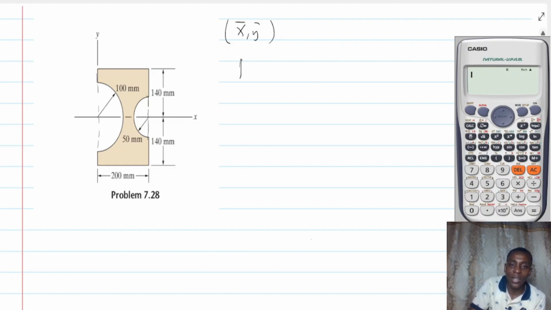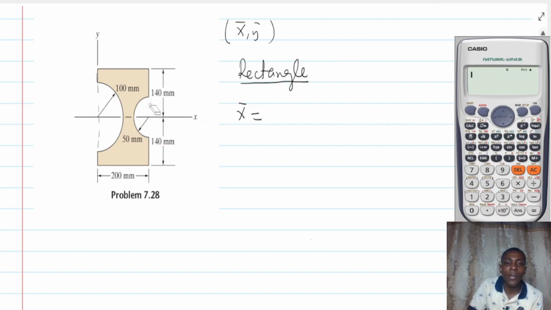All right, so let's start the analysis from our rectangle. Now, what is the x bar of our rectangle? Before I talk about this, let's look at this carefully.